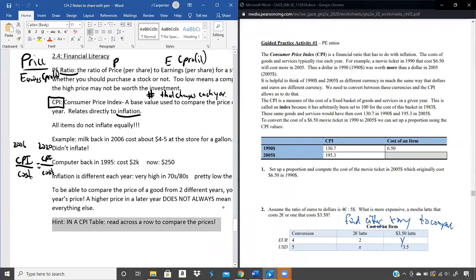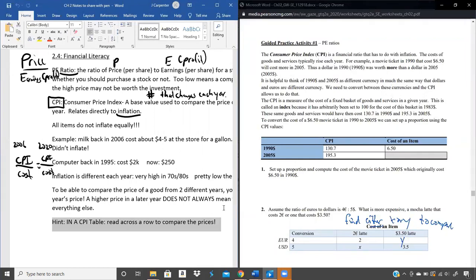So they asked us to convert the 2 euro latte to the American dollar. And then we're going to compare the price converted to the actual US latte. So this is like Starbucks in Europe versus Starbucks in America. In Starbucks in Europe, you're paying 2 euros.